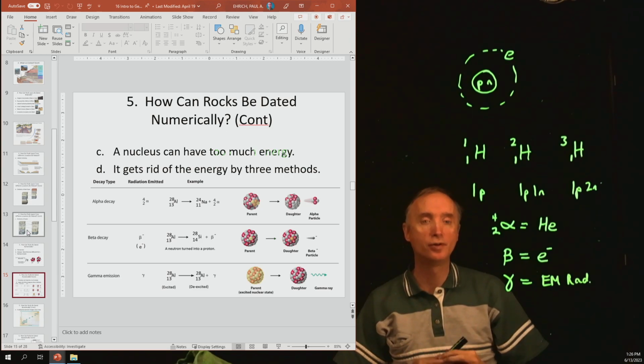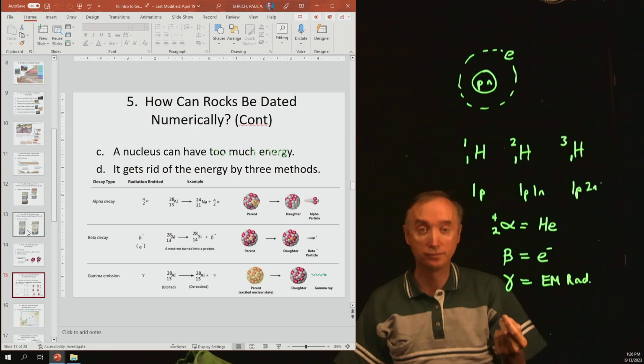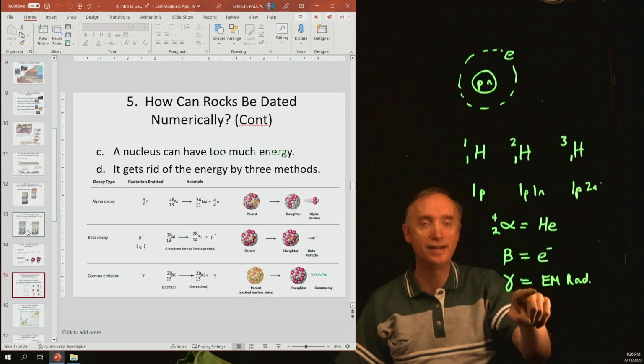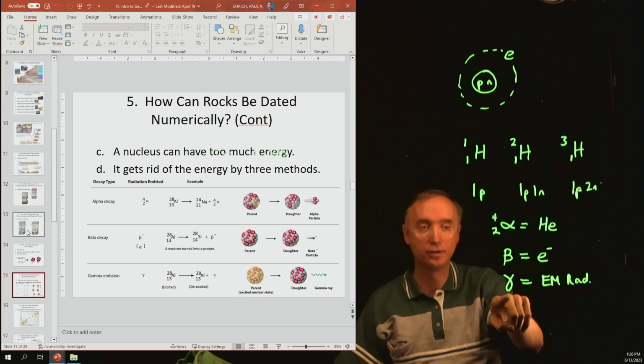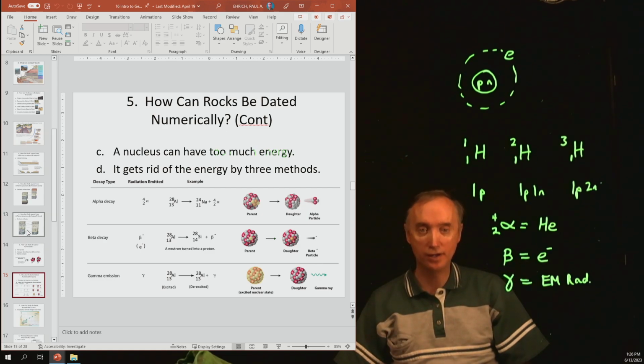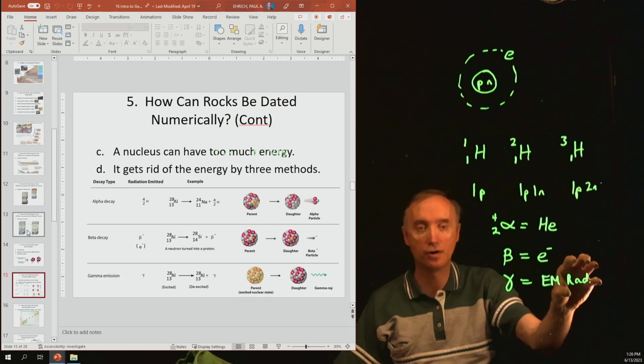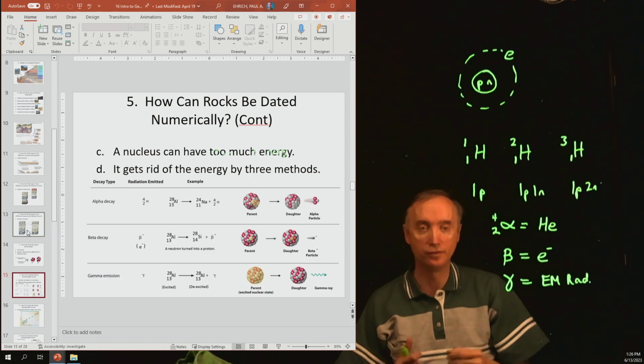You might be familiar with radio waves, infrared light, visible light, ultraviolet light, X-rays, and gamma rays. Well, this one is gamma radiation. It's the most powerful radiation. It has the most energy. So this is another type of particle given off in a radioactive decay.